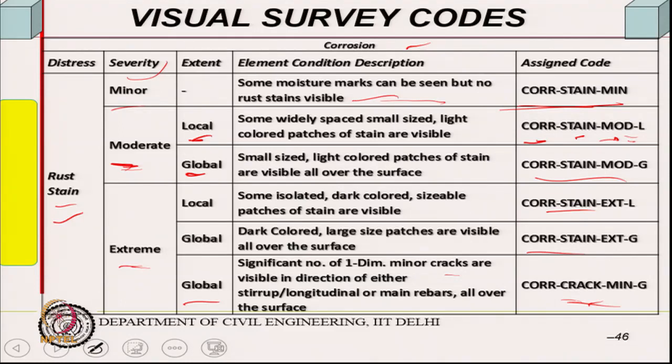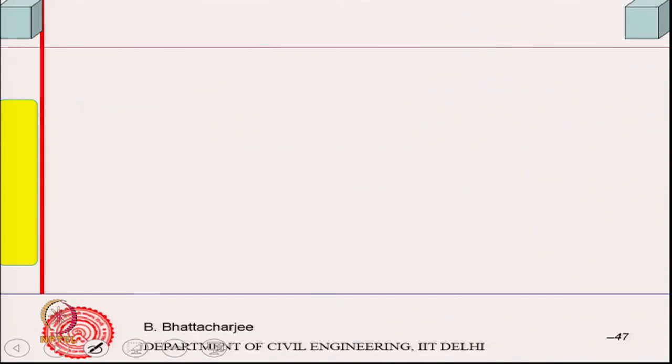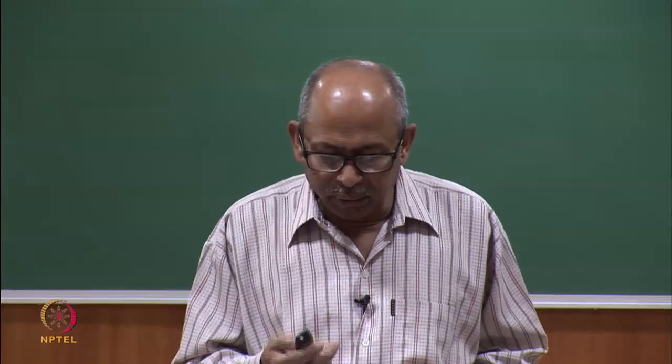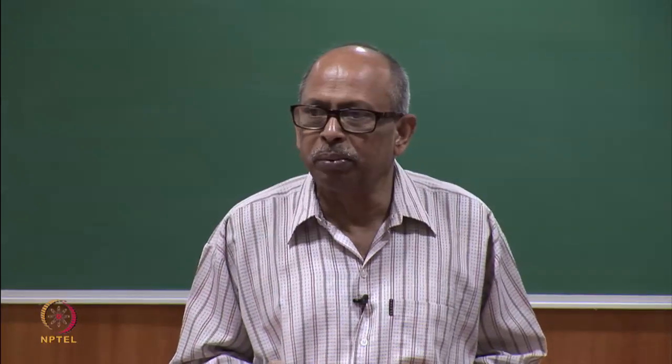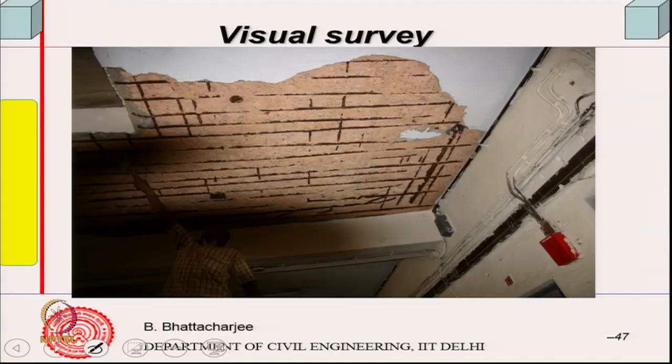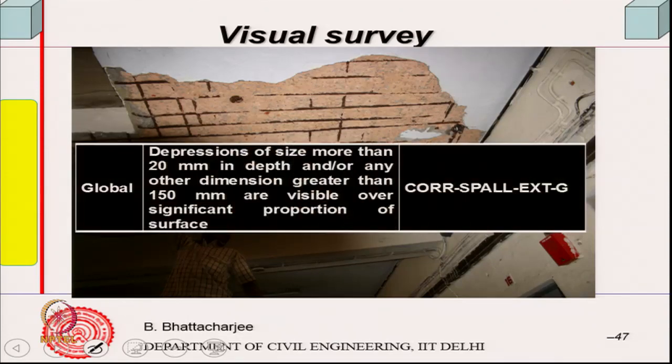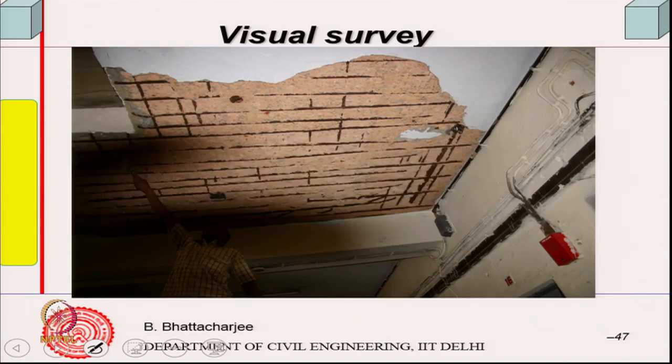So, the coding of visual survey can be done in this manner, which I have told you earlier also. This is for example reinforcement corrosion in a slab, and this would be global, because it is all over the place, the whole slab is gone. So, we call it global.